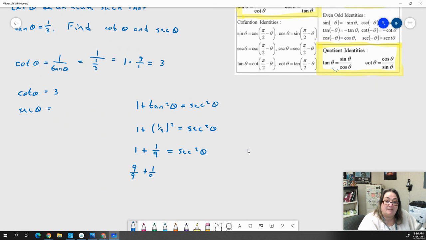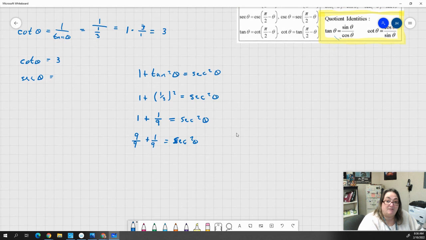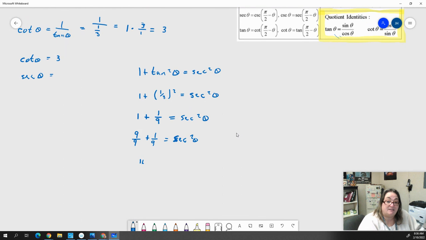Plus 1/9 equals secant squared theta. That's going to give me 10/9 equals secant squared theta. So we know now what secant squared of theta is. The only thing we need to do now is take the square root of both sides, right?